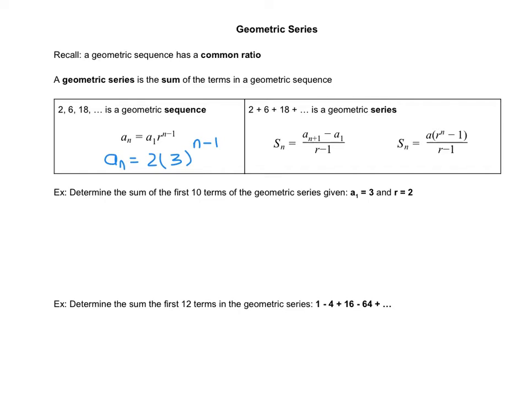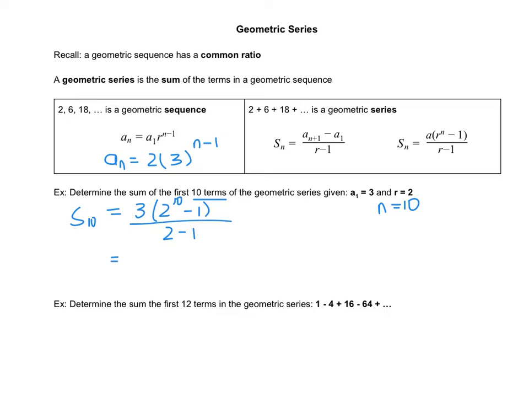Determine the sum of the first 10 terms of the geometric series given the first term is 3 and the ratio is 2. So n is 10. So I'm trying to find the sum of 10 is equal to a1, which is 3, times the ratio 2 to the power of the number of terms we have, which is 10, subtract 1, all over our ratio, subtract 1.